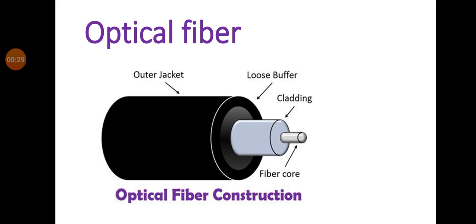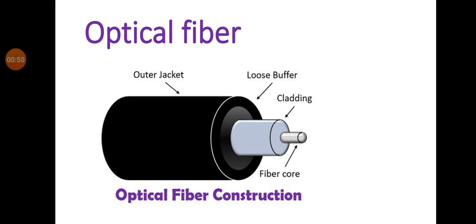So this is the diagram for optical fiber. The first main difference between coaxial cable, twisted pair and optical fiber is, in coaxial cable and twisted pair we transmit data as signals, in terms of current signals.